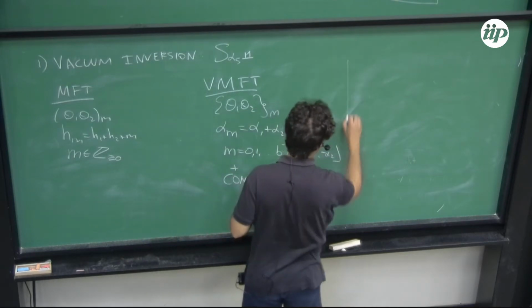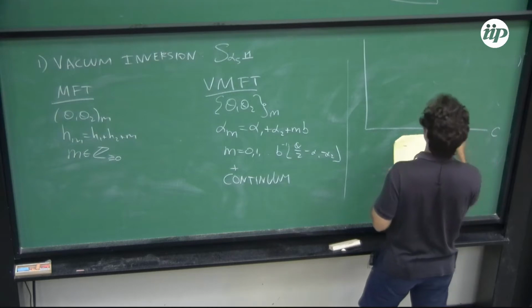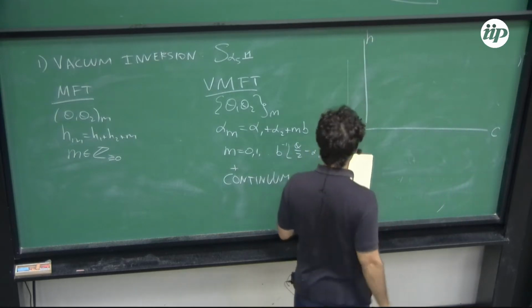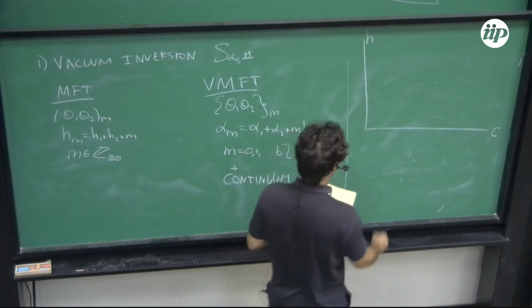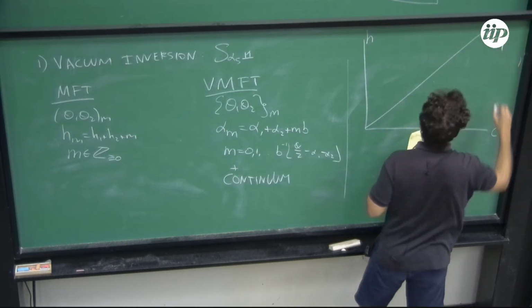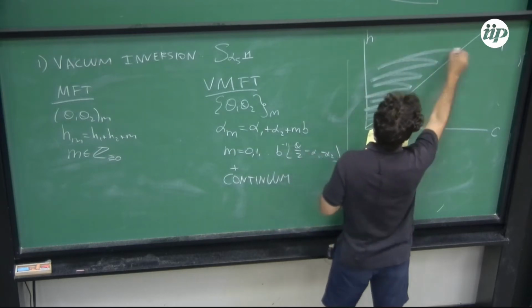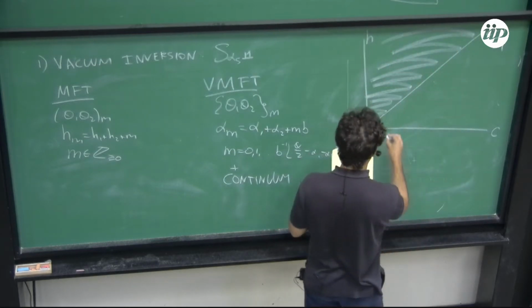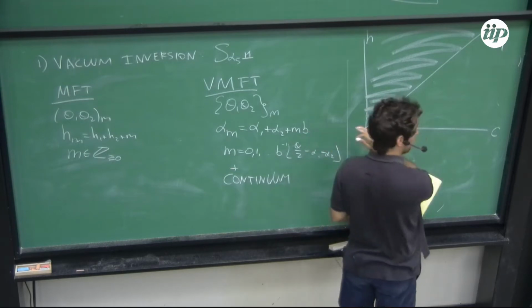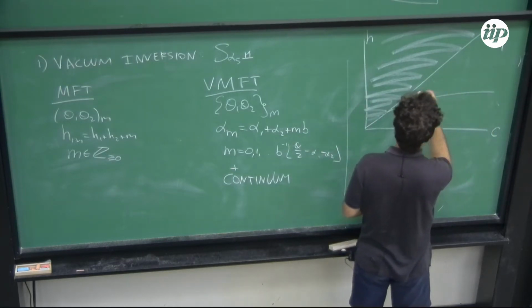So let's make a plot of the central charge versus h of the operators in VMFT. So here we have the continuum boundary. And down here we have some discrete trajectories, which are functions of c. Turns out they look like this.